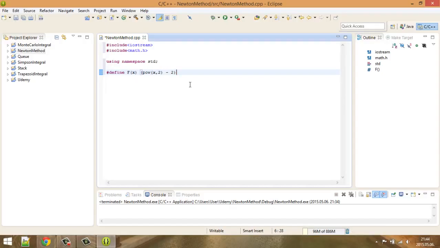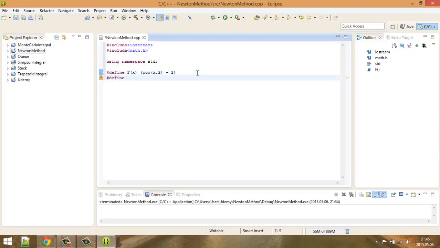Minus 2, and with this equation we want to calculate the square root of 2, because x squared minus 2 equal to 0 means x squared is equal to 2. Then we just have to take the square root of both sides, and we get that x is equal to the square root of 2.